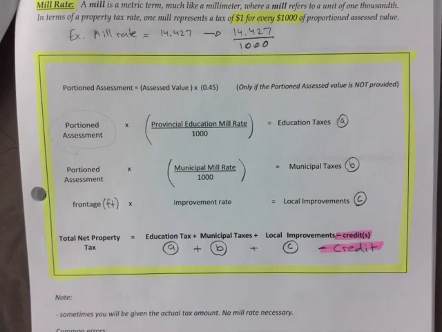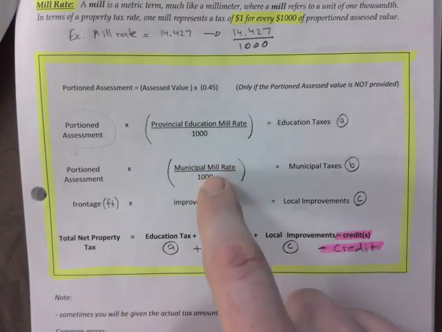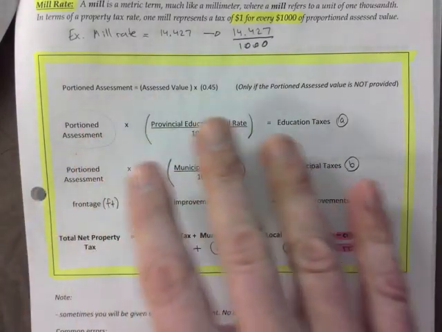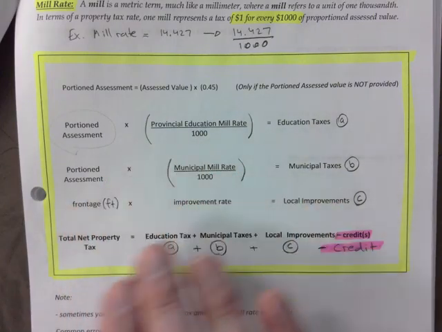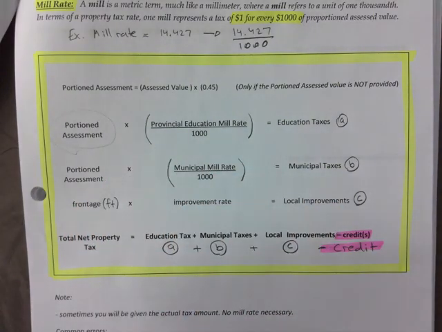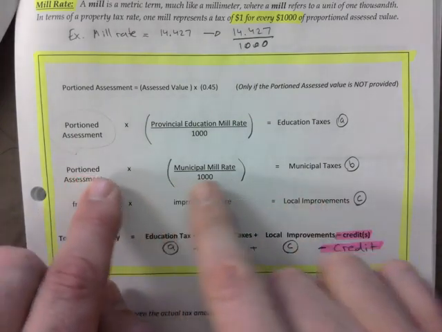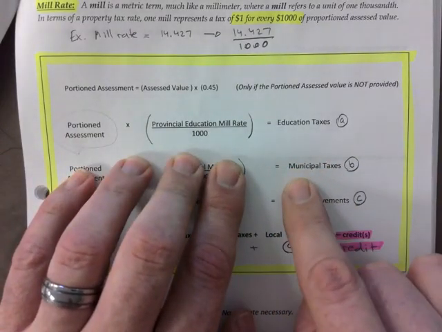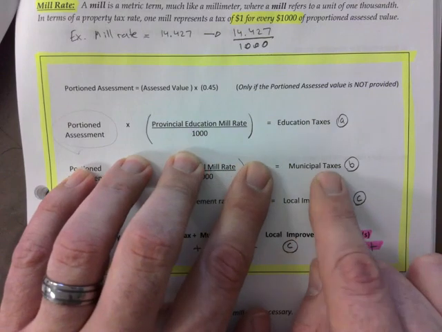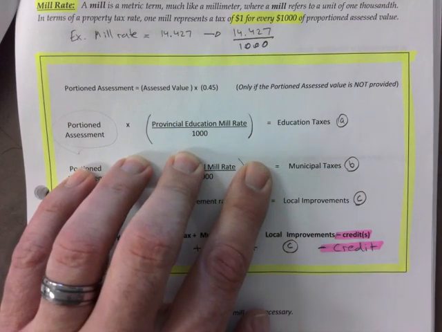Listen carefully to this part. Some students think that because there's always a mill rate, it's always going to be exactly this way. Not necessarily. It may be that they just flat out give you what the municipal taxes are. They might say, hey, the municipal taxes are $2,000.